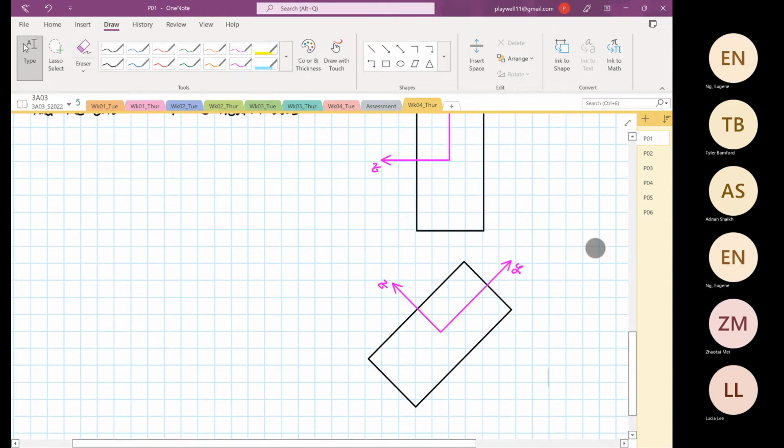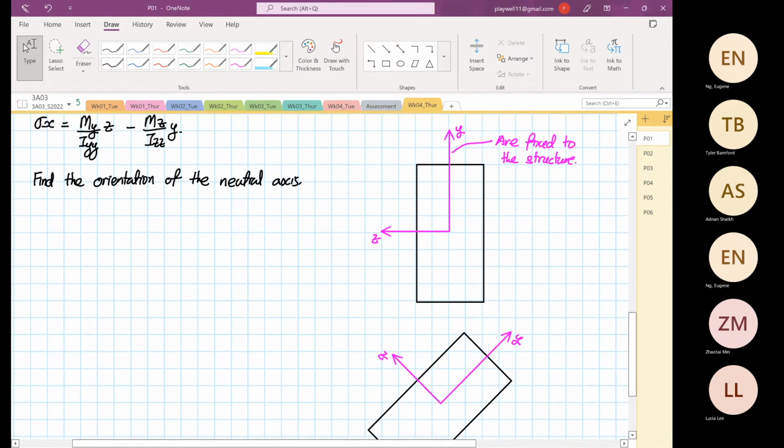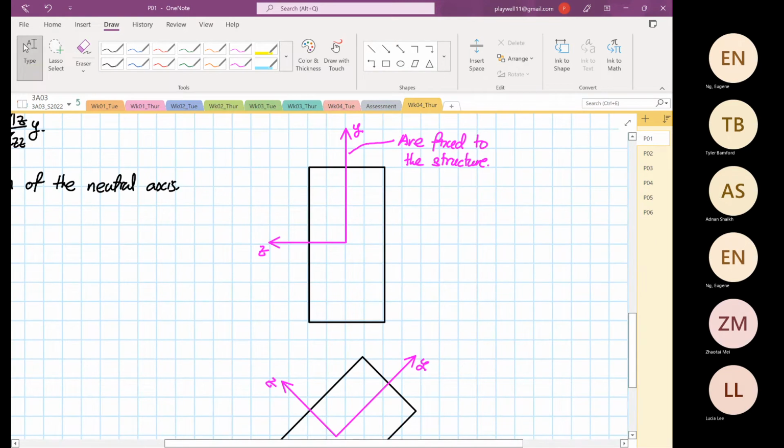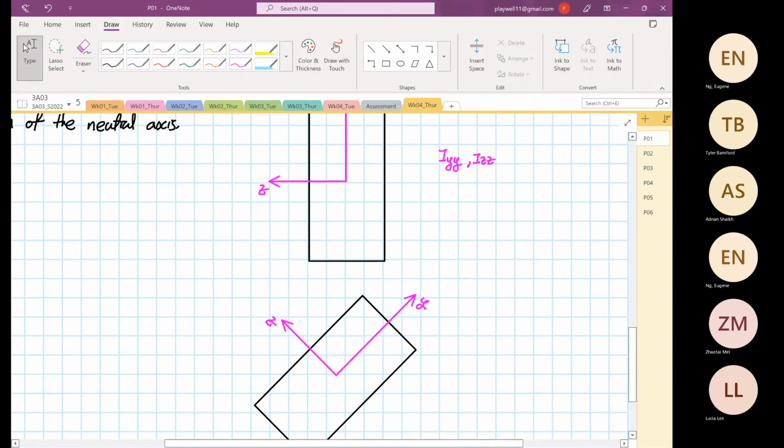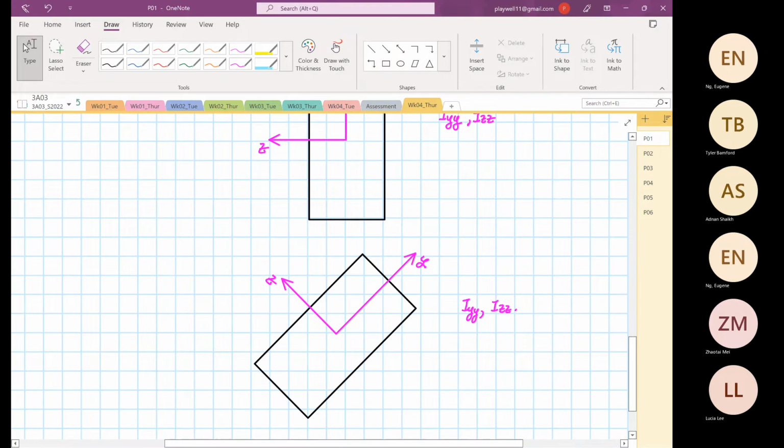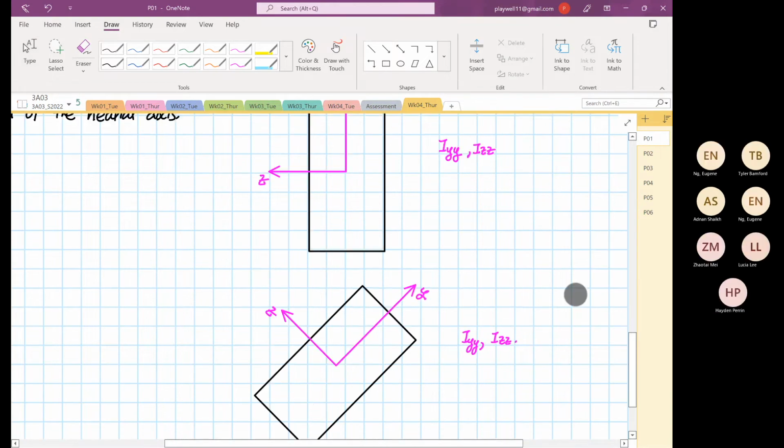So this is very important. Why this is important, why the y and z is rotating is because it's easy to find the second moment of area. Like for this case, Iyy and Izz at this orientation, and Iyy and Izz when you rotate in a different orientation, but the transformation rotates with it.